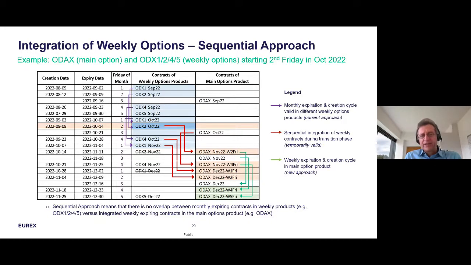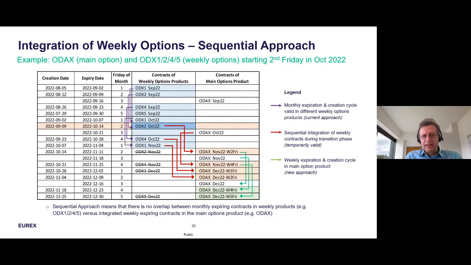The idea is simply that we would like to avoid double listing, so that we do not have, at the same point in time, second Friday options expiring on the second Friday in the main option product and in the weekly option product. That's something we would like to avoid.